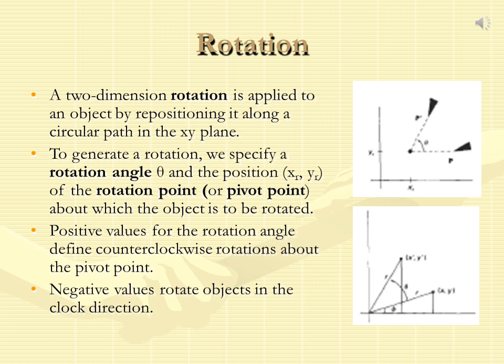So we can say that the point P(x, y) is located at the angle phi from the horizontal x coordinate with a distance r from the origin. To generate the rotation, we specify a rotation angle theta and the position xr and yr of the rotation point. The rotation point is also called the pivot point.